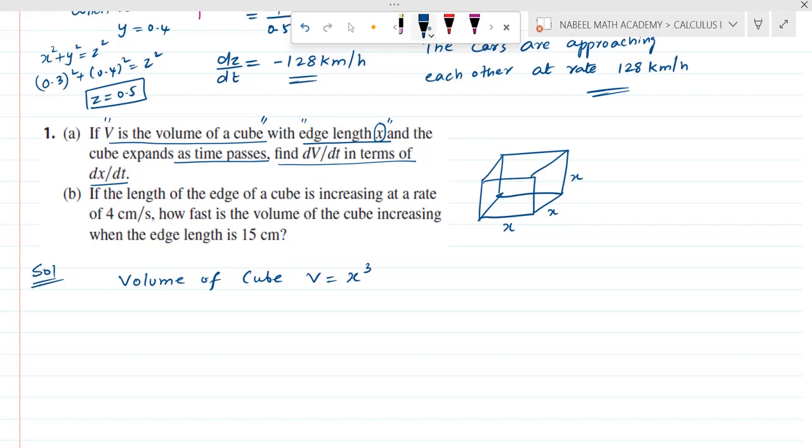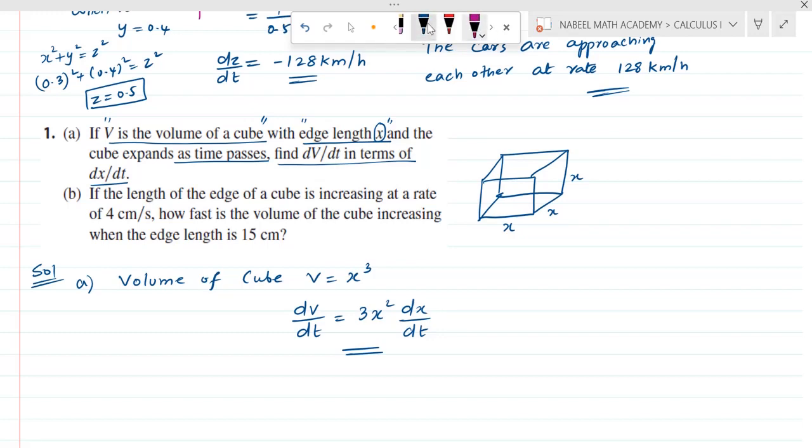So what I need is dV over dt. Differentiate this with respect to t. So this is equal to 3 times x square, the power. Now if you differentiate x, it becomes dx over dt. This is the first question. The first one is done. So you have to find the derivative dV over dt in terms of dx over dt. That's it.